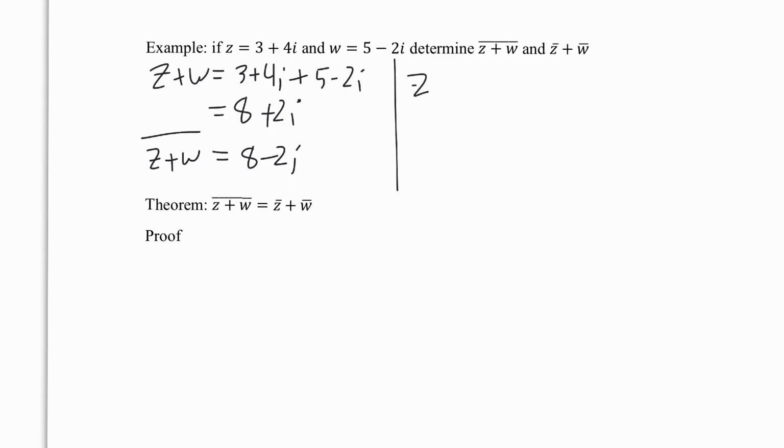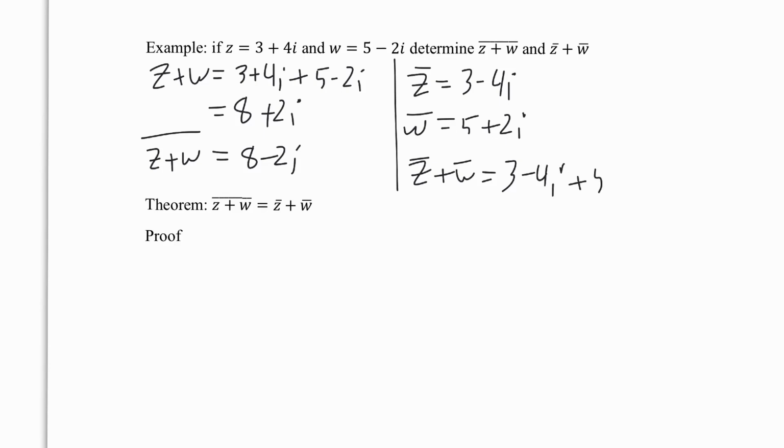Well, let's find z bar instead. That'll be 3 minus 4i. Well, let's find w bar. That'll be 5 plus 2i. Well, let's add them. So 3 minus 4i plus 5 plus 2i gives me 8 minus 2i.